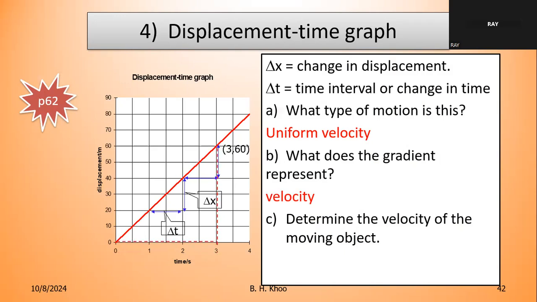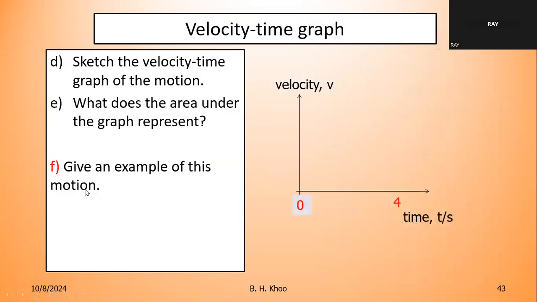Okay, draw a big triangle to reduce random error. Then write the coordinates there if it's in the exam. All right, 20. Sketch the velocity time graph. How does the velocity time graph look like?